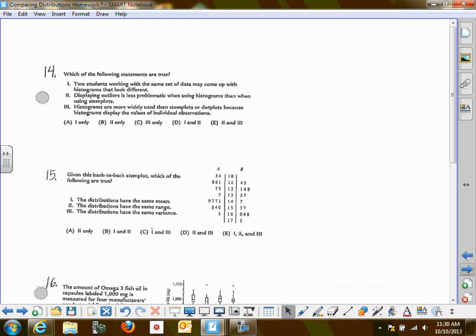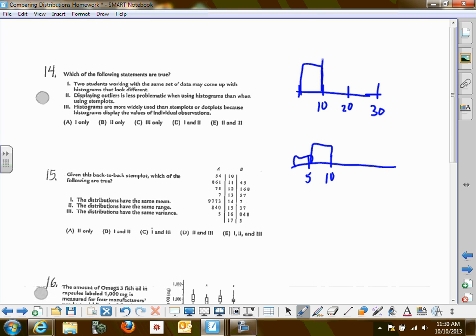We had that happen on like last 6 weeks. Some of you drew a histogram and your bins were 10 in length. And I drew the histogram and my histogram had 5s. Well, then you ended up having different shapes.